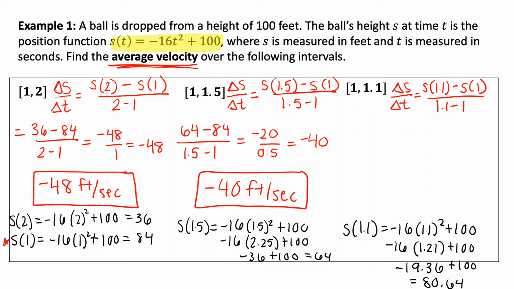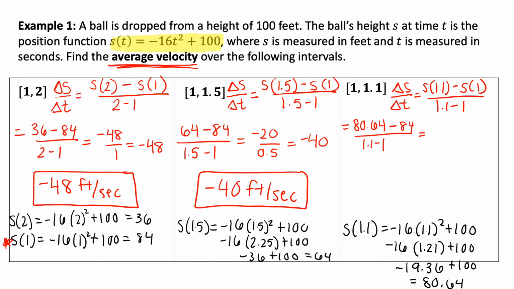Whoops. Again, I already have s of 1 from my original problem, so now I can go back to my average rate of change formula and I can plug in. Plugging in for s of 1.1, I get 80.64 minus s of 1, which remember was 84, over 1.1 minus 1.